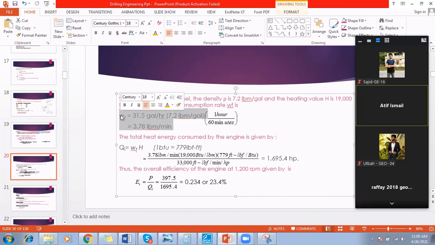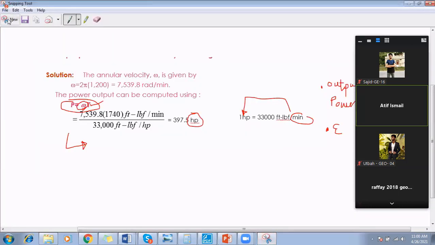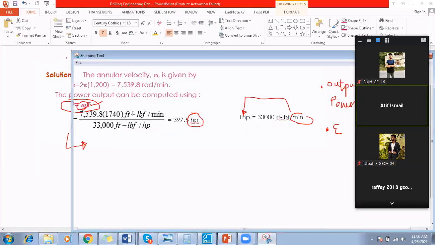As a result, you will have the value of Wf. Now you just need to multiply the two variables. Now we need to discuss the units, because this is very important and a little bit tricky.